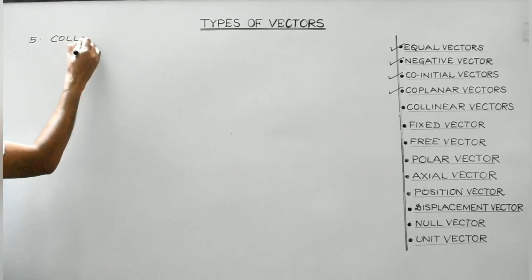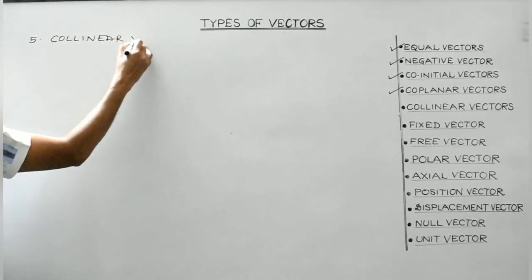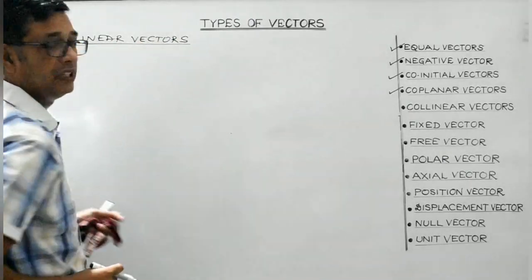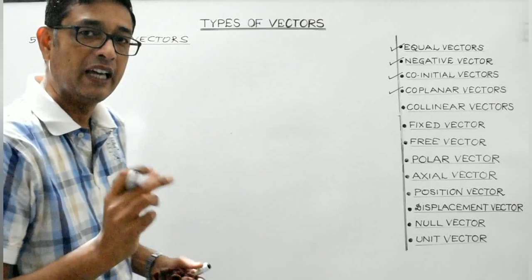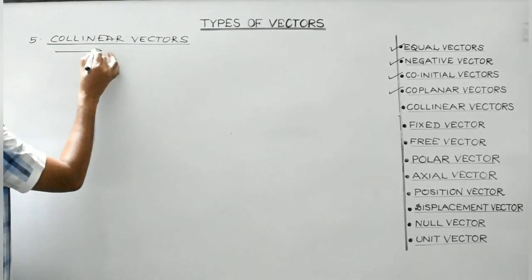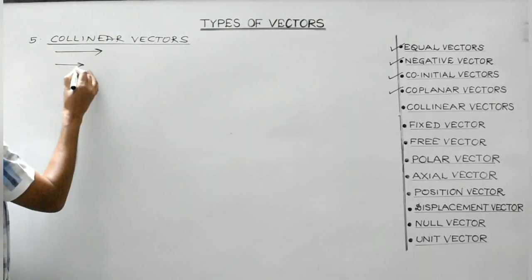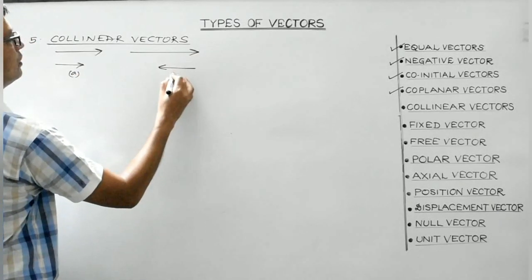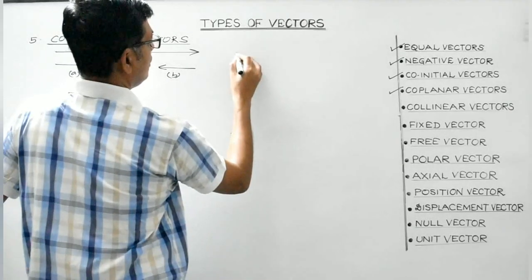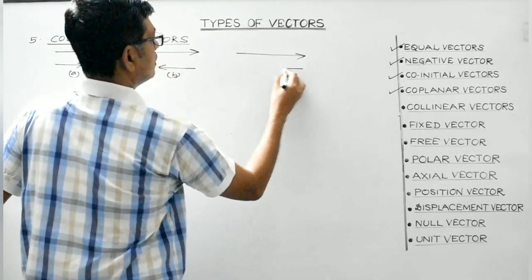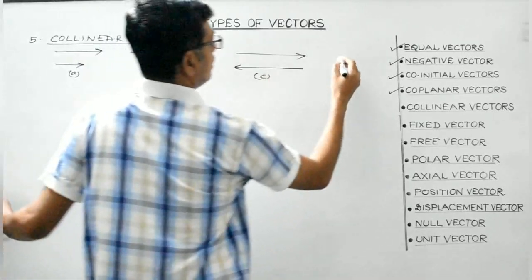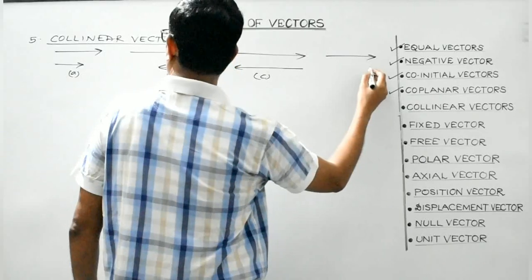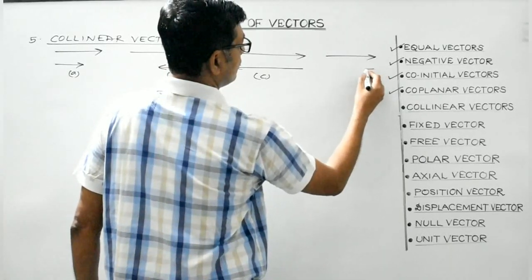It is collinear vectors. Now, in order to explain collinear vectors, let me try to convince you with the help of this diagram. These are all collinear vectors. This is A, this is B, this is C, and this can be D. We can write it like this.